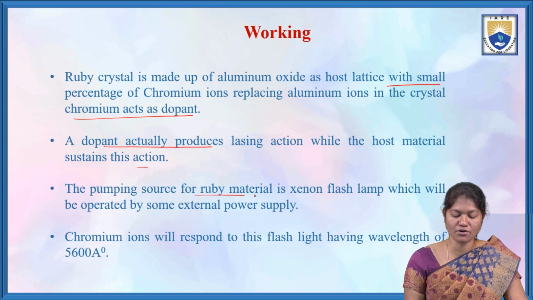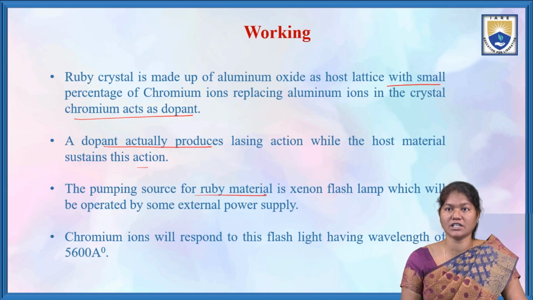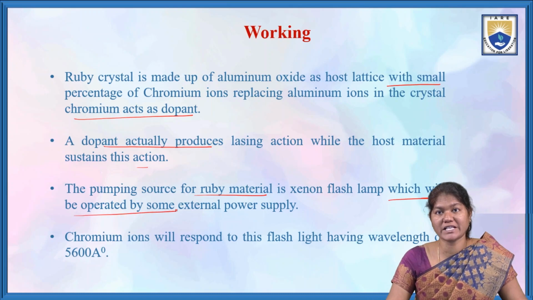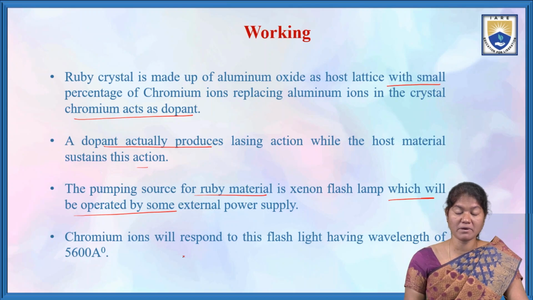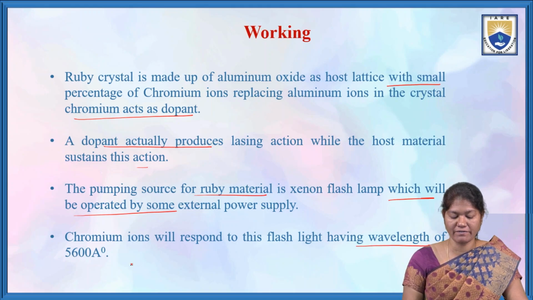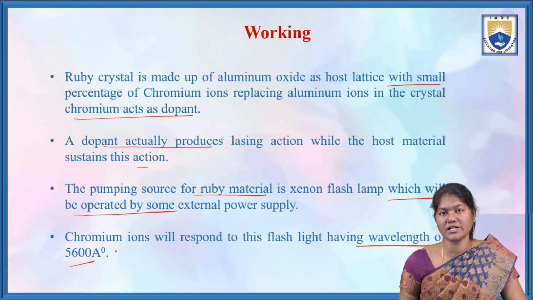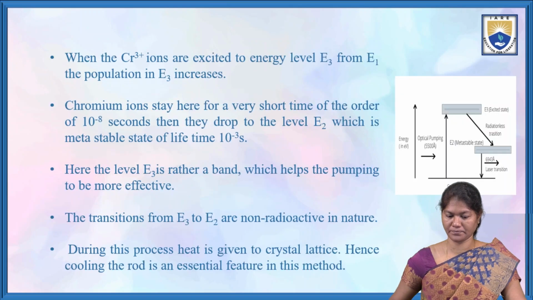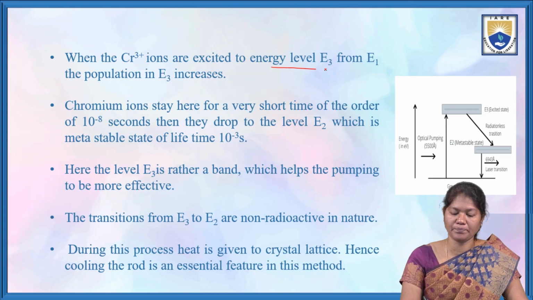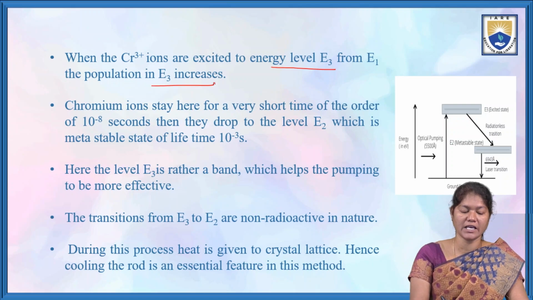The pumping source for the ruby material is the xenon flash lamp, that is optical pumping, which will be operated by some external power supply. Chromium ions will respond to the flashlight having a wavelength of 5600 angstroms. When these chromium ions are excited to the higher energy level E3 from E1, the population in E3 increases.